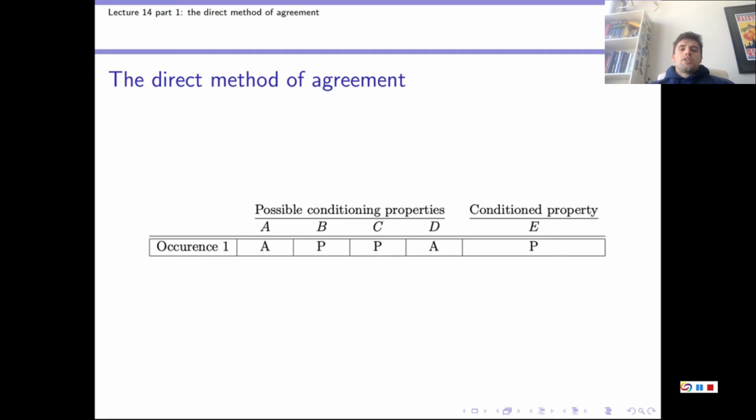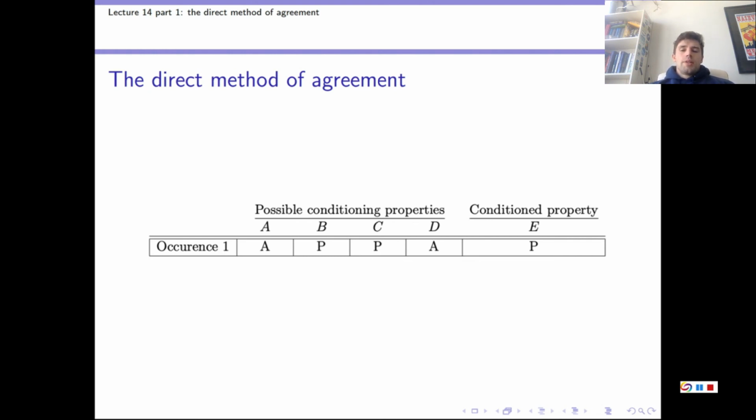So question, what does occurrence 1 allow us to deduce? Okay, so occurrence 1 rules out A and D as a necessary condition for E. Properties B and C are both still contenders for being a necessary condition for E.